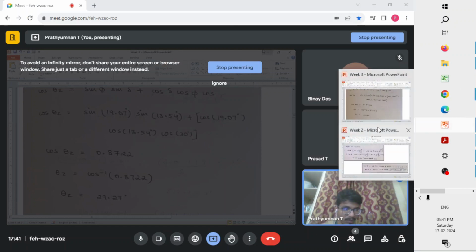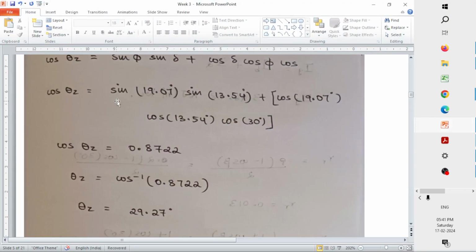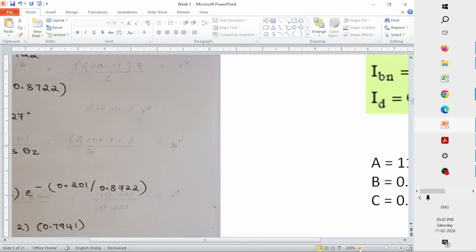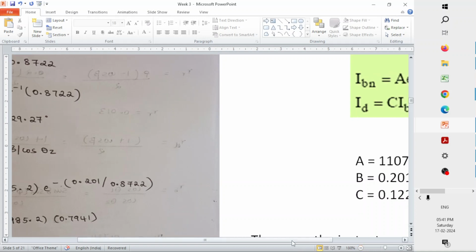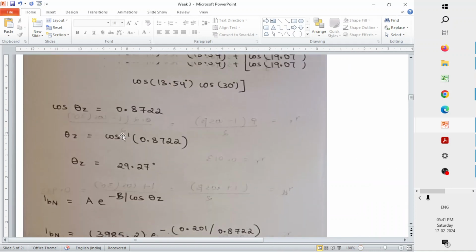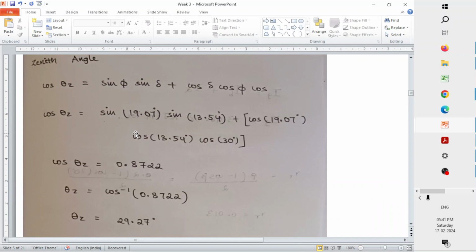I'll just keep the formula. So if you calculate the value of theta z, it would be around 29.27 degrees.